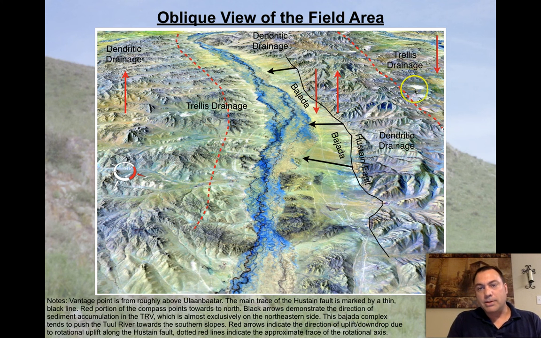And then, of course, it repeats over here. These red dots are the rotational axes, where I believe, based upon a couple of minor experiments I did in my office, those axes would be for rotation. So they're rotating and they're pulling away. That's the general idea that we see here.